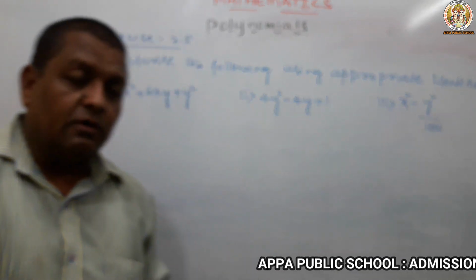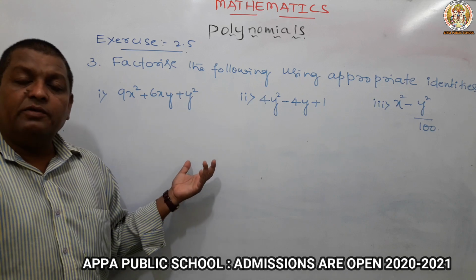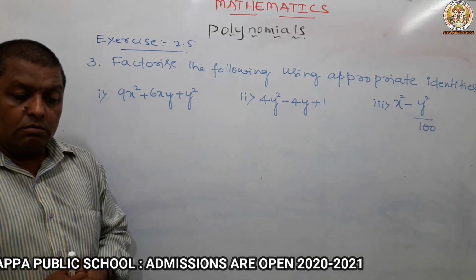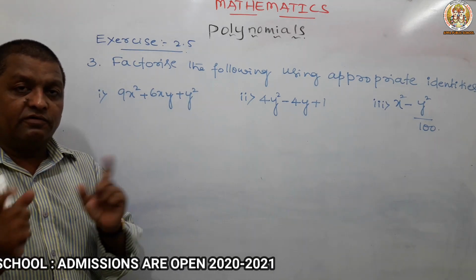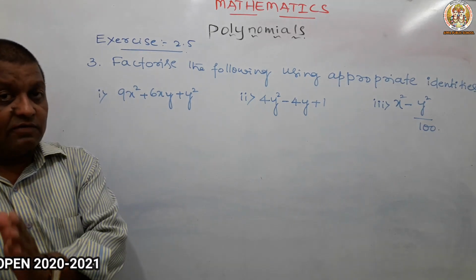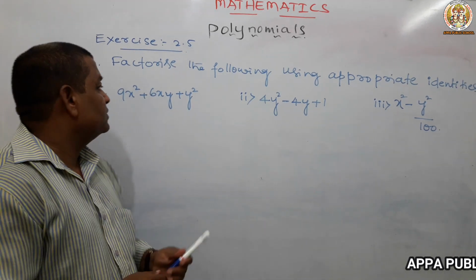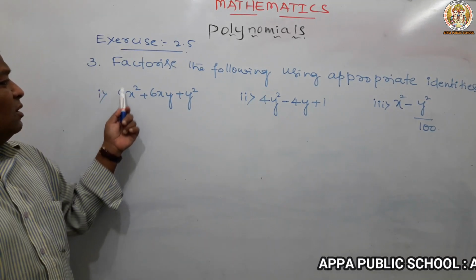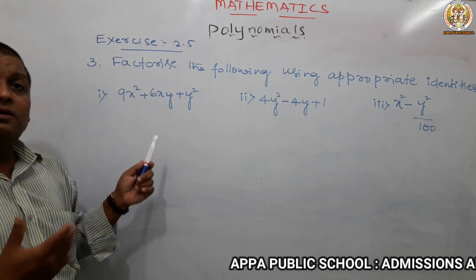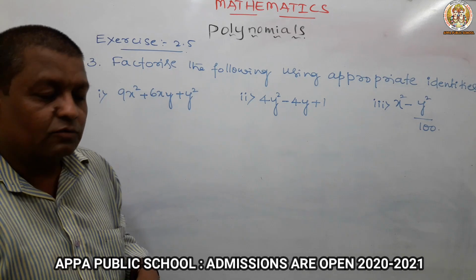So my dear students, I want to tell one thing. In 9th standard, we need to be perfect at handling both sides. Both sides means what? LHS to RHS, RHS to LHS. That is called converse. We know x plus y whole square is x square plus 2xy plus y square.